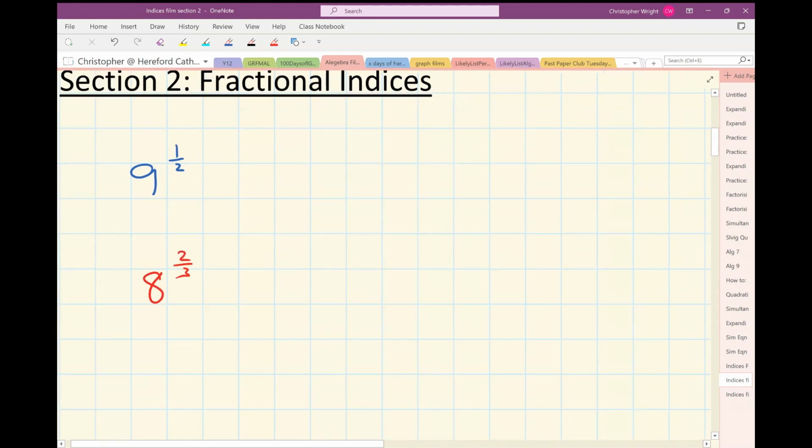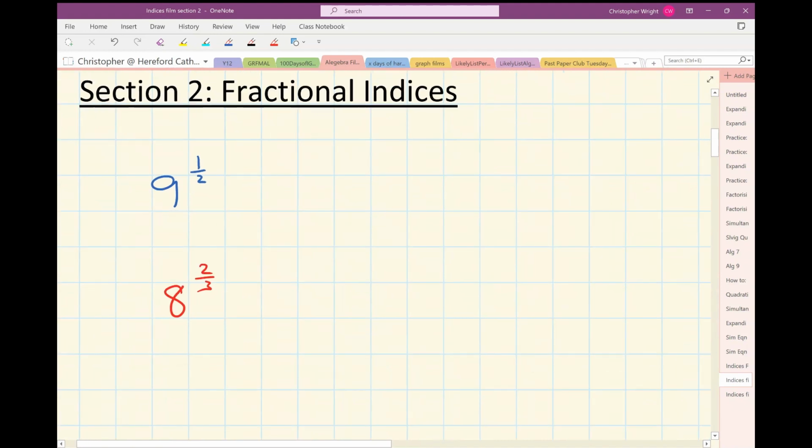Now the first thing that one needs to be able to deal with are powers such as a half or a third or a quarter and so on. So let's start off by looking at 9 to the power of a half. Now, you'll probably end up just learning that 9 to the power of a half is the square root of 9.